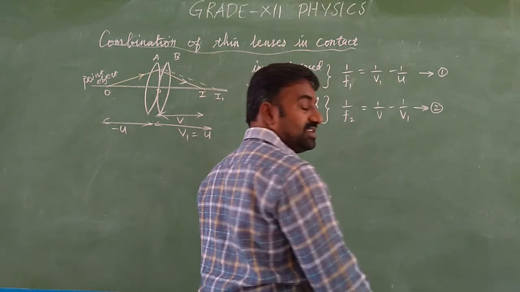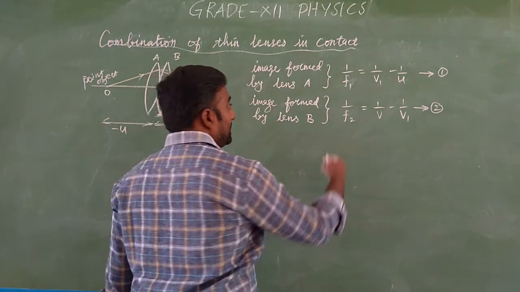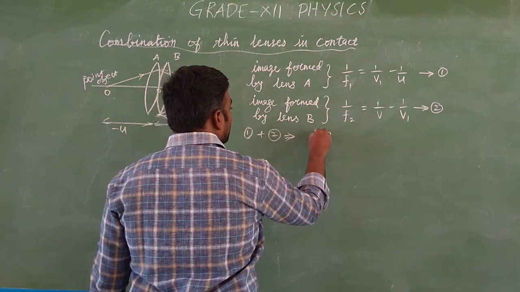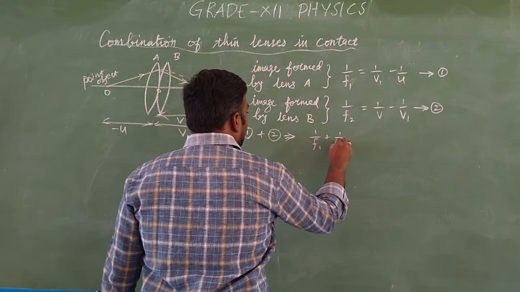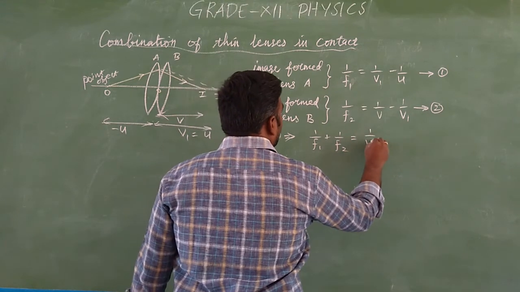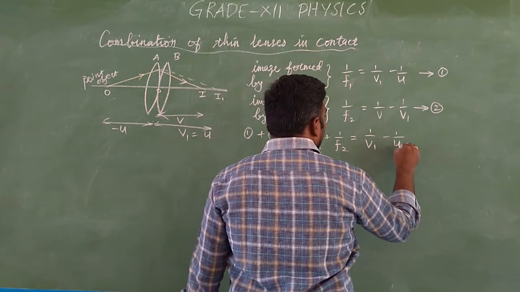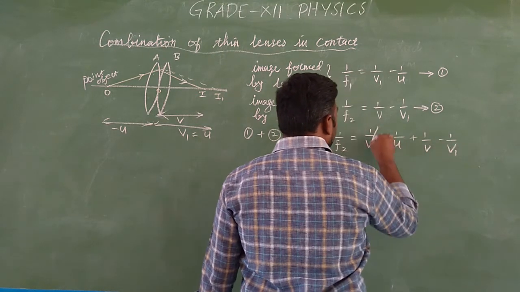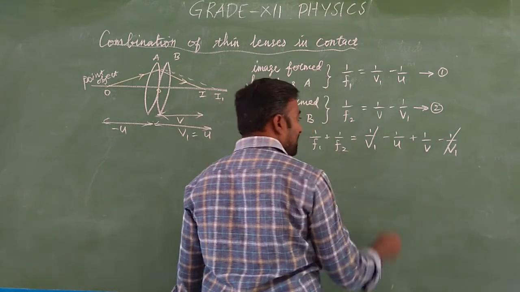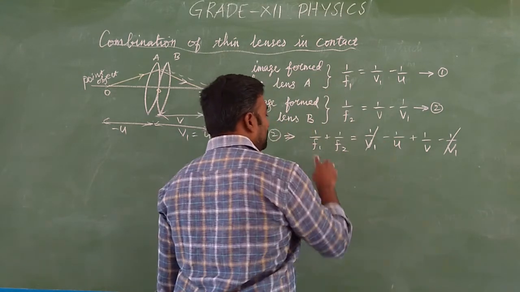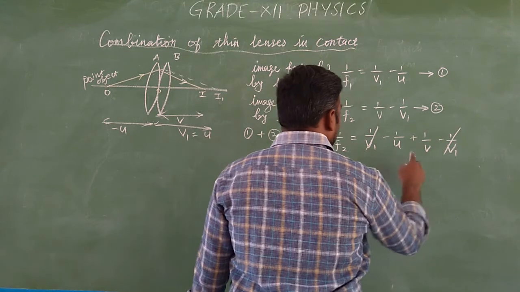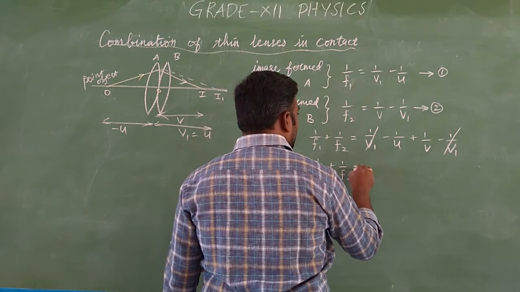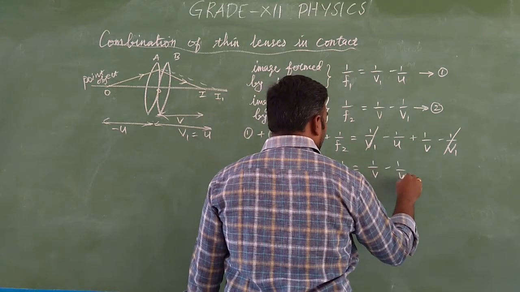As usual, what we did in the Lensmaker's formula, add the two equations. Adding both sides, 1 by f1 plus 1 by f2 is equal to 1 by v1 minus 1 by u plus 1 by v minus 1 by v1. The plus 1 by v1 and minus 1 by v1 eliminate, so 1 by f1 plus 1 by f2 is equal to 1 by v minus 1 by u.